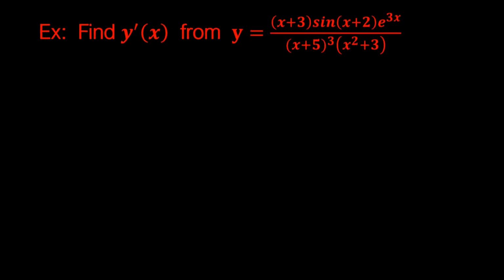Now find y dash x from y equal to this complicated product and division. So how to solve this problem? We'll follow step by step, and this solution might be a little bit longer, but it's an easy solution. Apply ln on both sides.